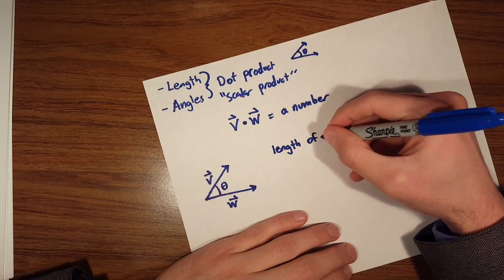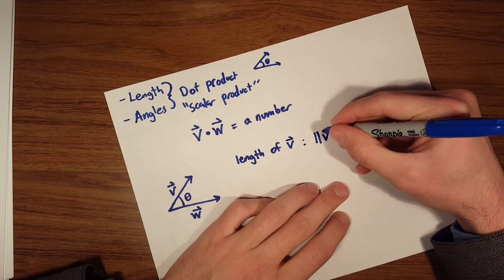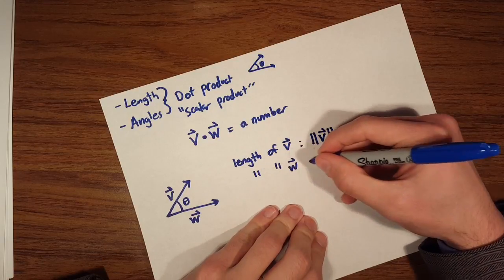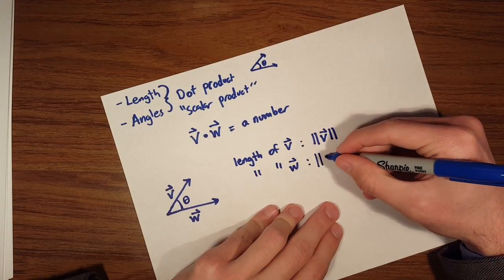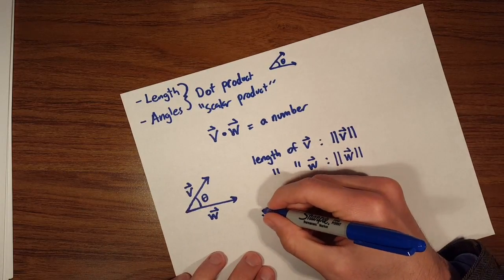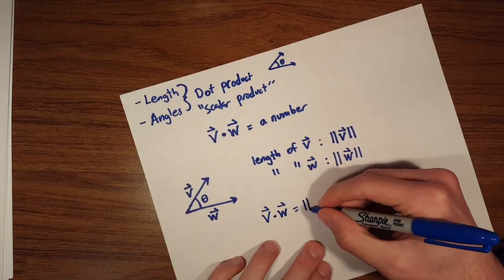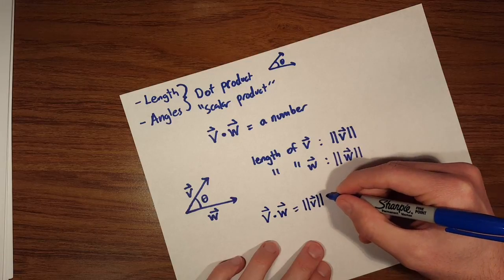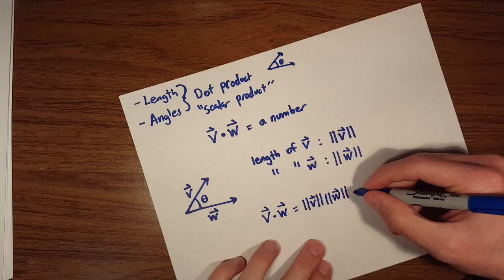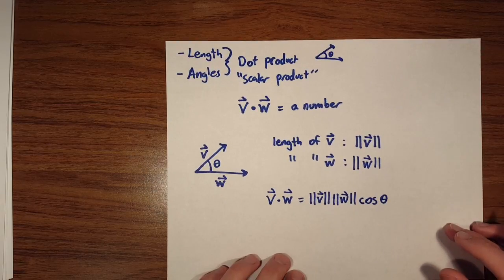Length of V is going to be denoted as these two bars with V in the middle, and W similarly. Then the dot product of V and W is going to be given by the length of V times the length of W, times the cosine of the angle between them.